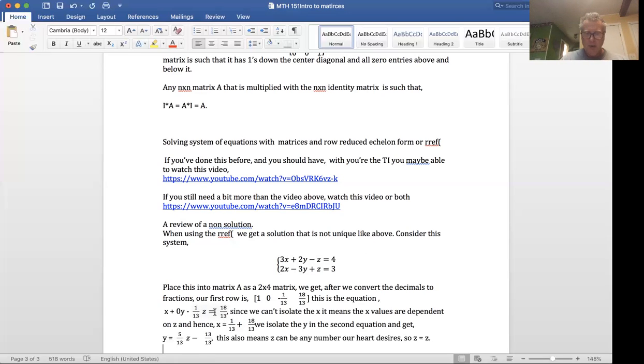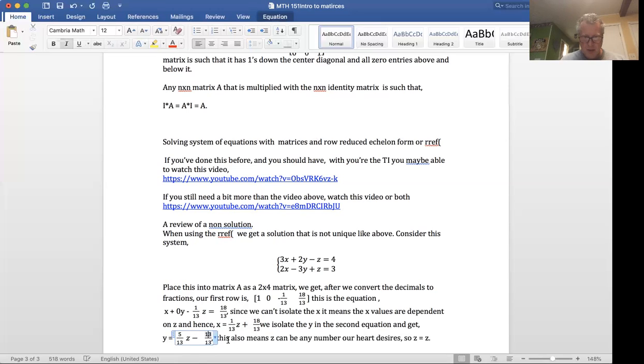Now remember, we slide this 113z over to the other side. And so we get x equals 113z plus 18/13. And then we do the same thing with the second row. When we isolate the y, we get 513z minus 13.